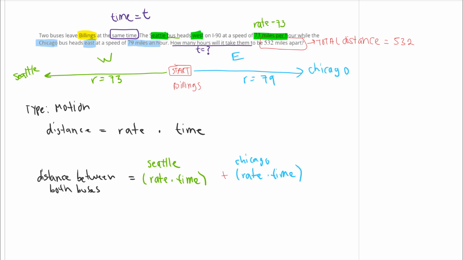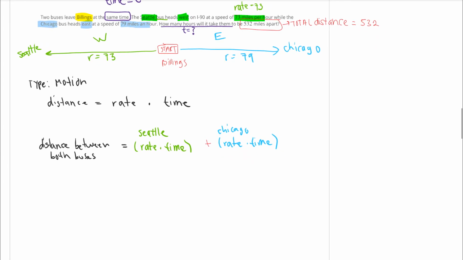Okay, so now that I'm dealing with two different buses, I'm dealing with two different rates and two different times corresponding to each bus. So now if I just plug in my values, the distance between both buses, well, I had my total distance between the buses as 532. So I have 532 is the distance between both buses.